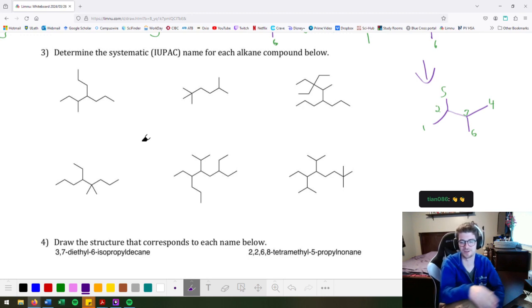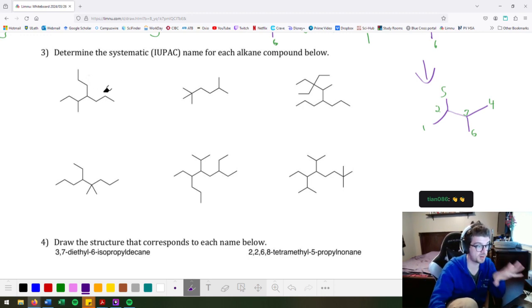We have to try to get them to be the lowest set of numbers possible. So let's start from here. We'll count 1, 2, 3, 4, and then 5, 6, and 7.